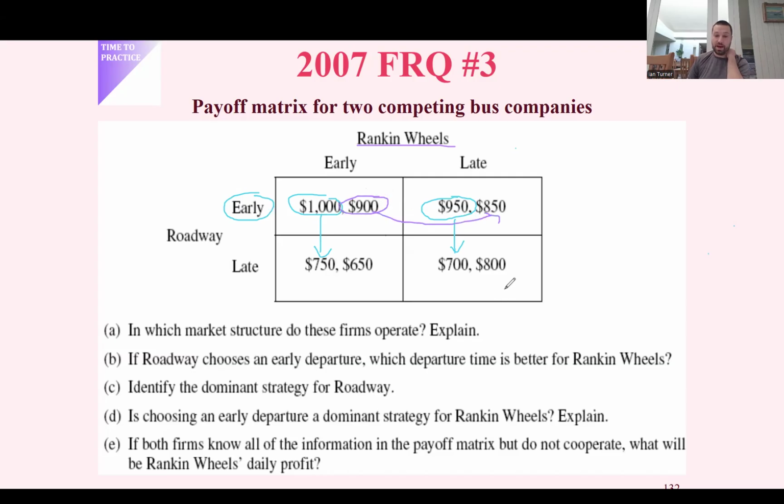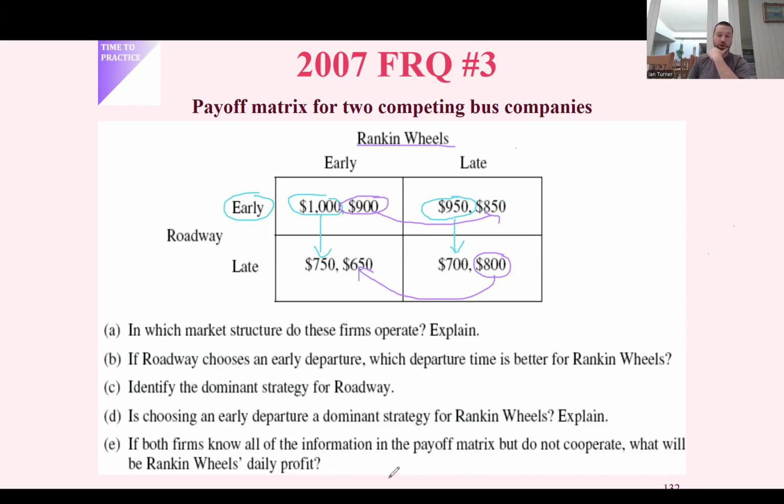But now on the back one, if Roadway chooses late, 800 is better than 650, right? So this means that Ranking Wheels doesn't have a dominant strategy, because in one they're picking early, in the other one they're picking late. Okay. So there is no dominant strategy for Ranking Wheels. You could explain that using this data.